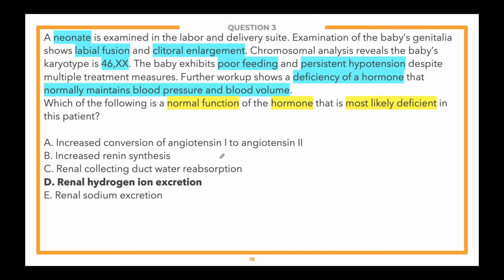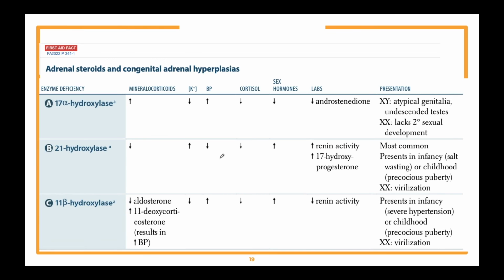If we take a look at the next slide, this is looking at congenital adrenal hyperplasia. Now, if we have a patient who is XX and has virilization, meaning more male-appearing genitalia, so clitoromegaly and fusion of the labia, we would be looking at either B or C here: 21-hydroxylase or 11-beta hydroxylase.